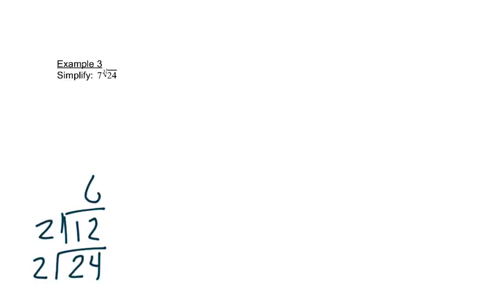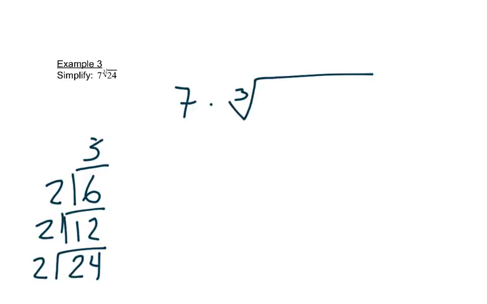Let's look at that 24. We'll break it down. So 2 goes into 24 12 times. 12 is even, so I'll divide by 2 and I get 6. 6 is even, so I'll divide by 2 and I'll get 3. So now I have 7 times the cube root of 2 times 2 times 2 times 3.